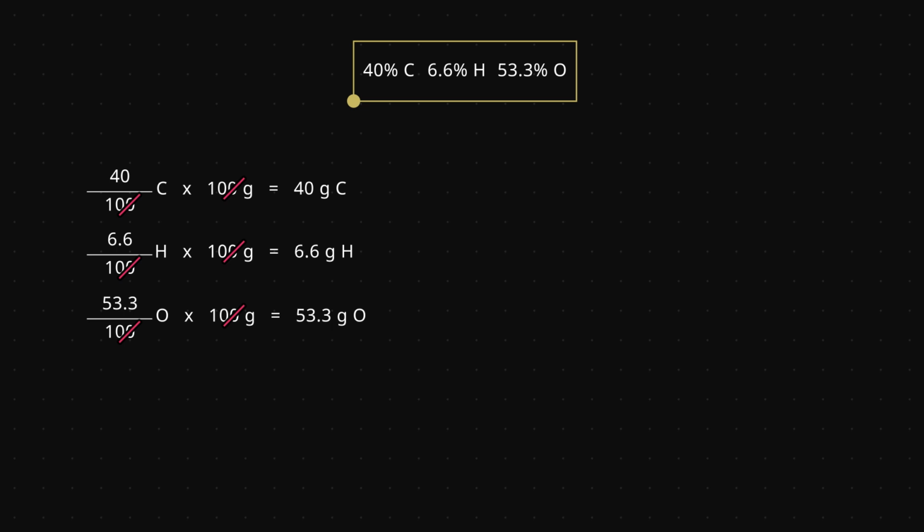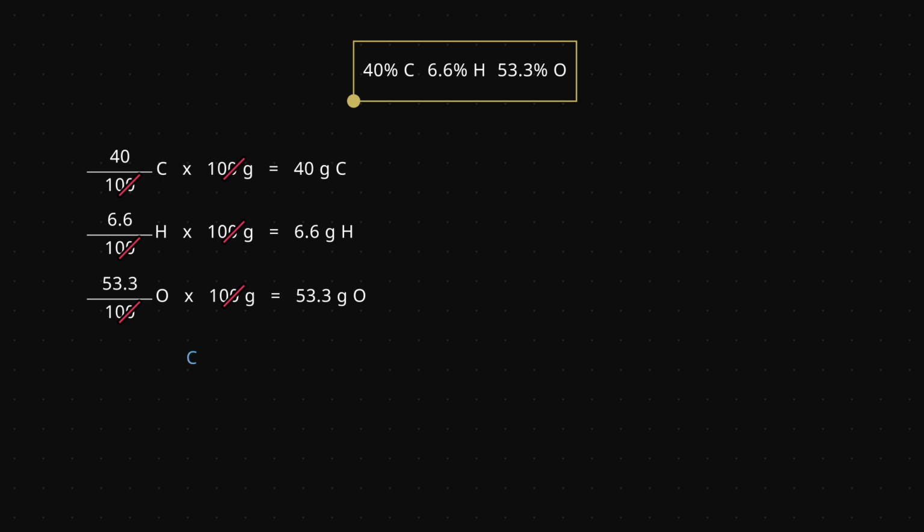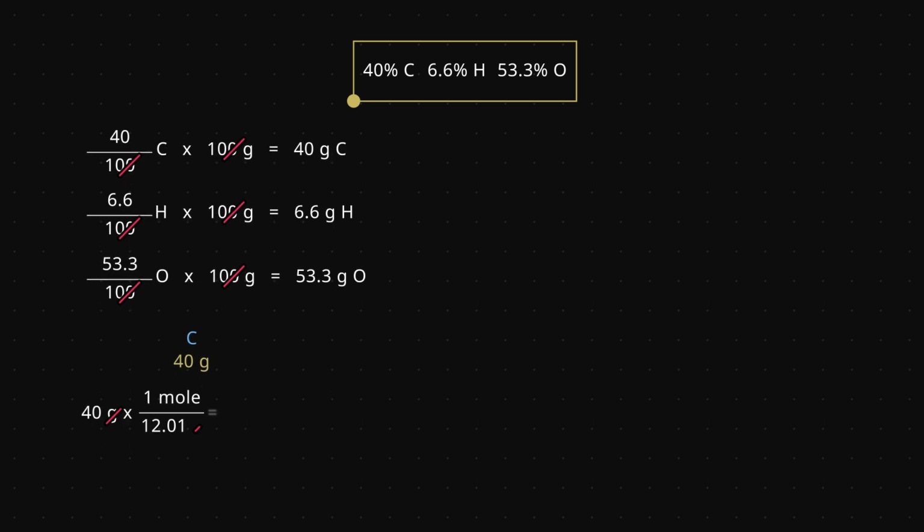Luckily, we know how to use the molar mass to convert from grams to moles. Let's do this. For carbon, this is 40 grams multiplied by 1 mole over 12.01 grams or 3.3 moles.